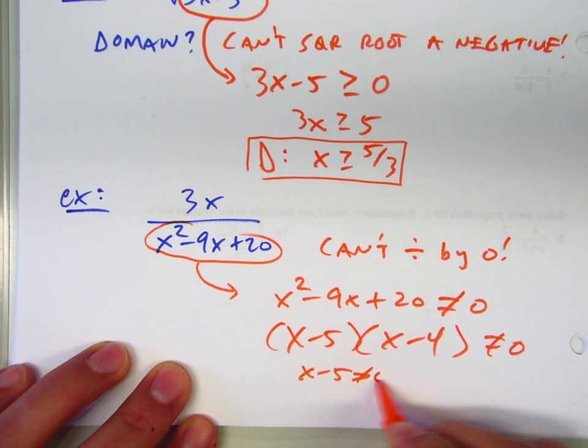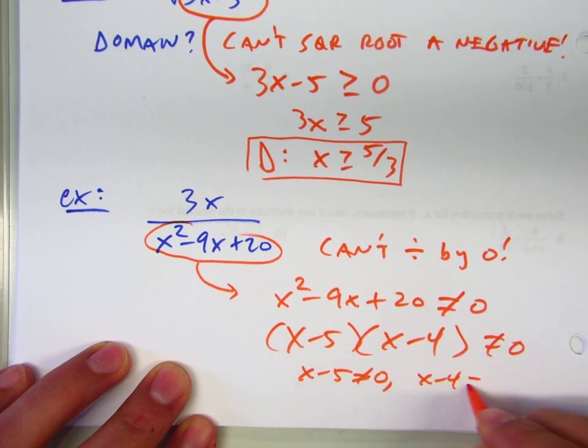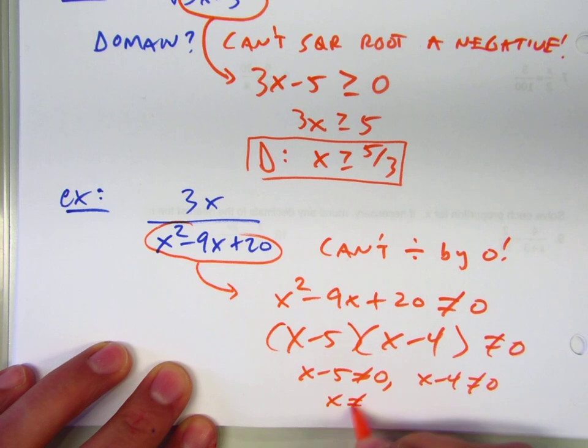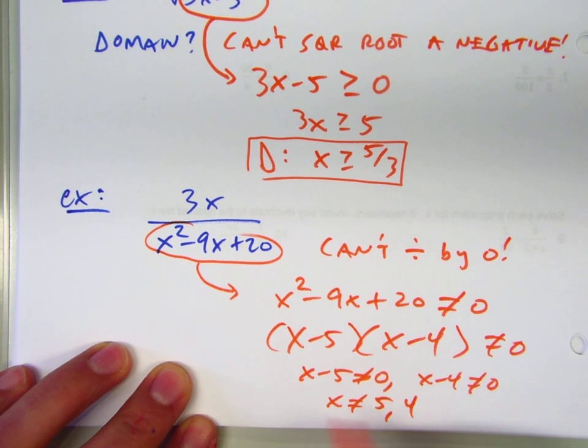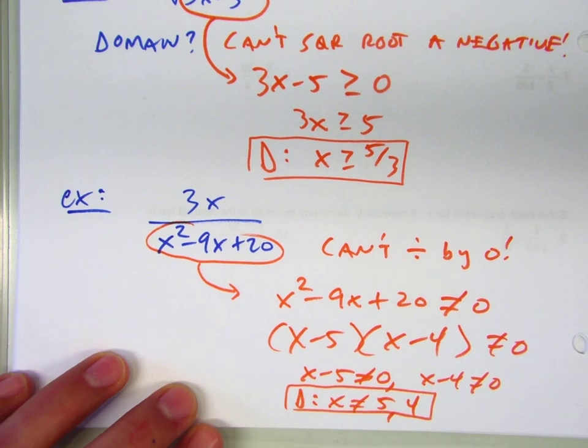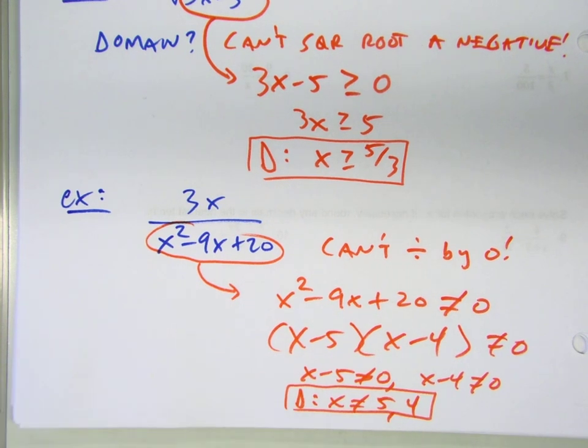So x minus 5 cannot equal 0, x minus 4 cannot equal 0, and so therefore x cannot equal 5 or 4. And there's your domain. Okay? Any questions on that?